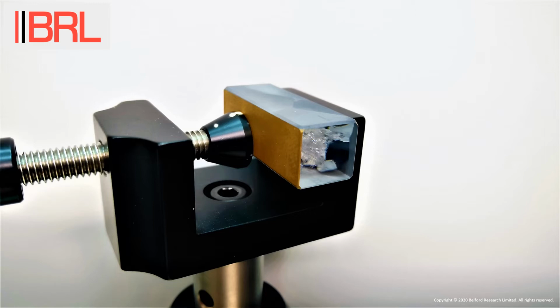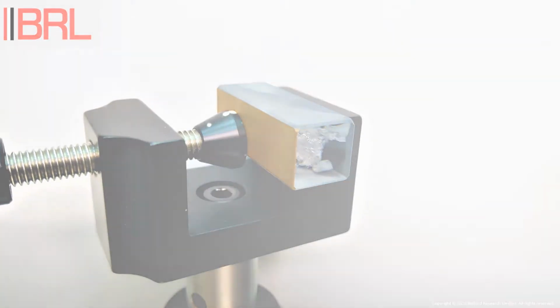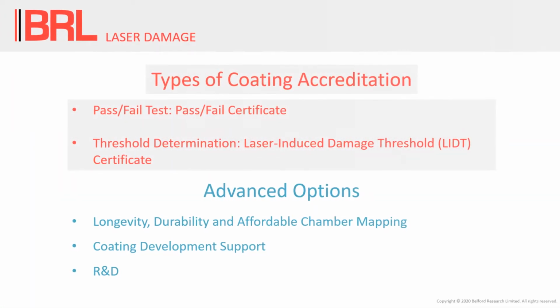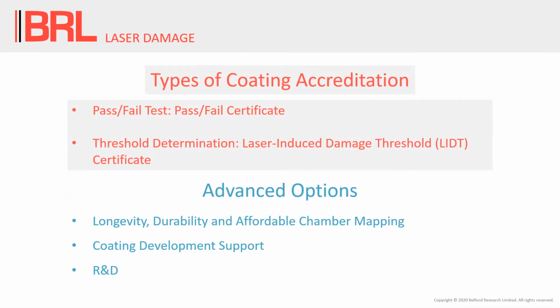Let's look at what a good test house can give you, the coater. Our function as a laser damage test house is to classify optics with respect to laser use. We have two main types of accreditation.